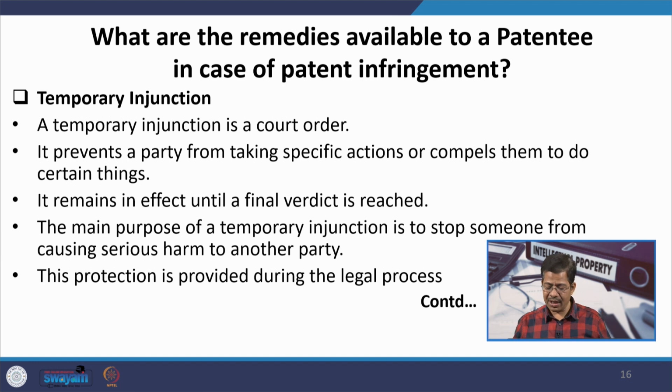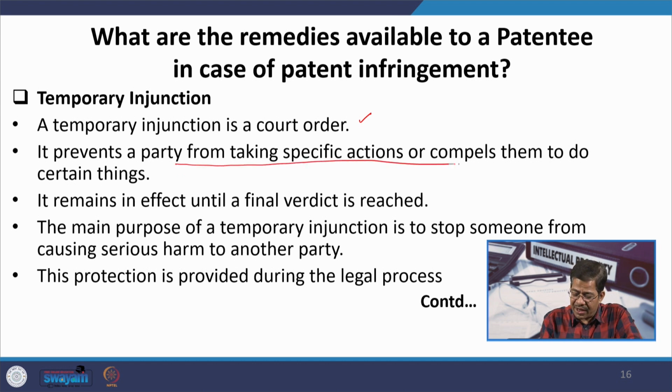Whenever there is an IP related infringement matter, you need to go to the court, and in the court you may get a temporary injunction, which is a court order. If it is given, it prevents a party from taking a specific action or compels them to do particular things, like, let us say, royalty or similar payments in favor of the plaintiffs.